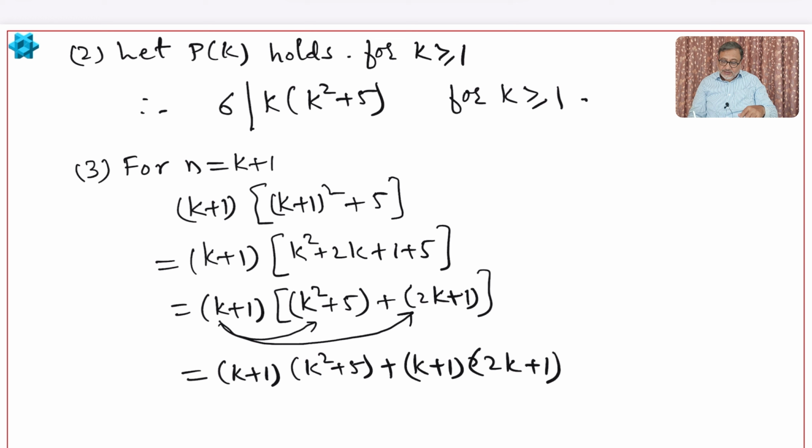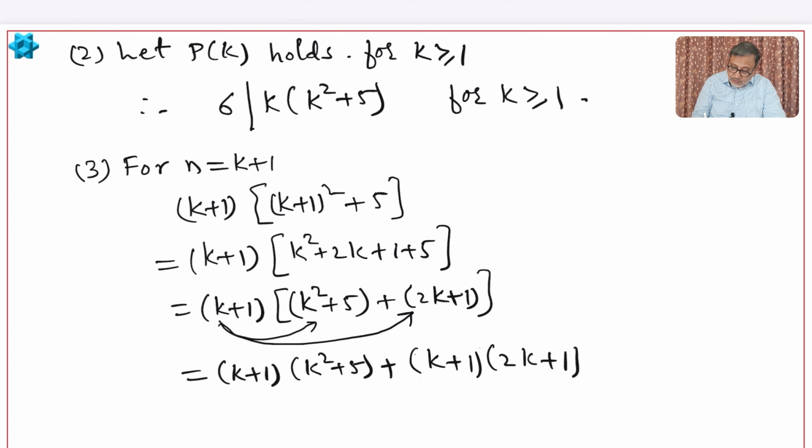So when I am separating the other part, look here, (k+1) into (2k+1).